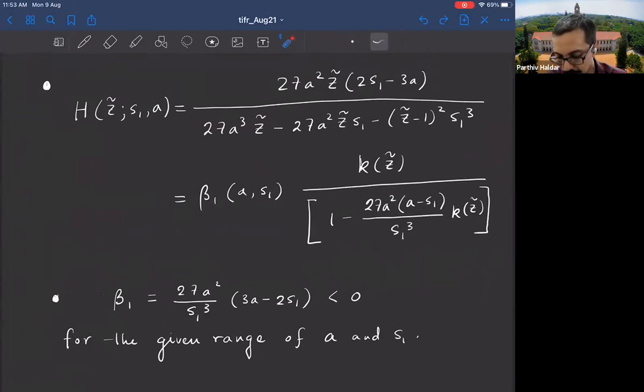Now, the Koebe function is univalent on the unit disk, and a Mobius transformation, being a biholomorphic function, does not change the nature of the univalence. Most importantly, it does not change the nature of injectivity. Therefore, H is also a univalent function on the unit disk. And this beta 1 is the first derivative at the origin of H, which has a very definite sign, strictly negative for the given range of a and s1.